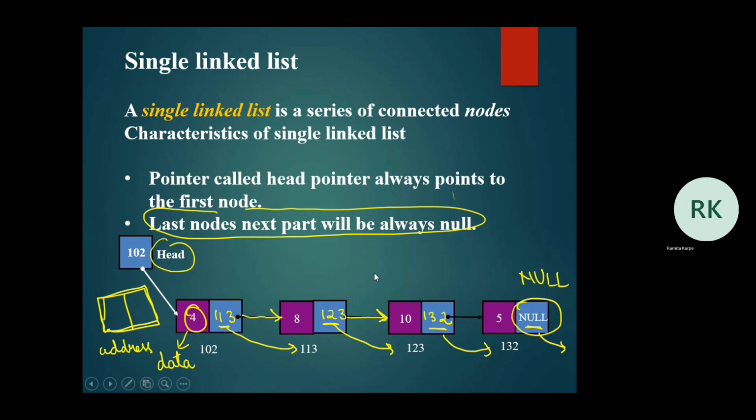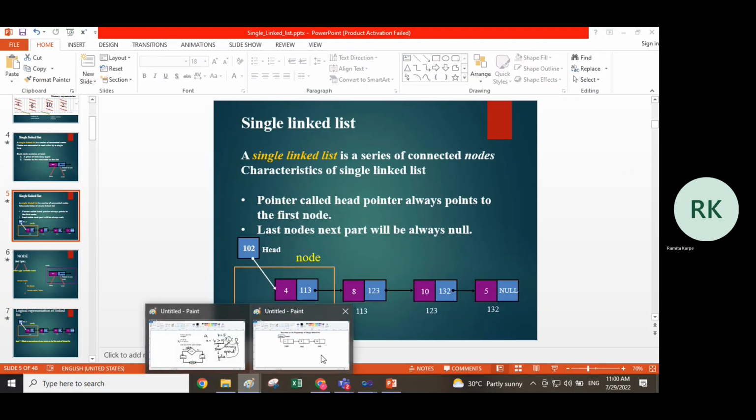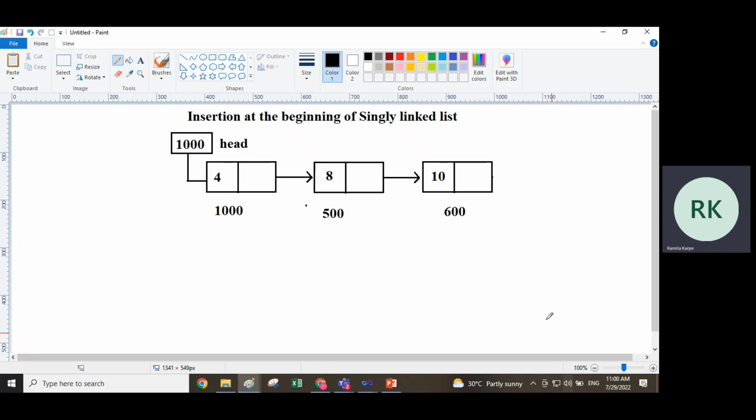Now we'll start with that. Okay. So now we'll take this example. Over here, this singly linked list contains 3 nodes, with data item 4, with data item 8, and with data item 10. Now we'll fill these empty fields first, and then we'll insert a node at the beginning.